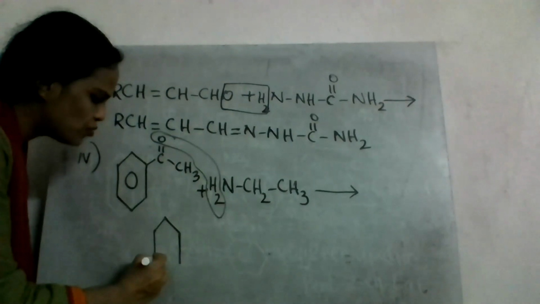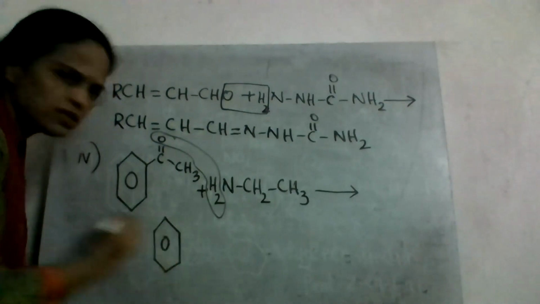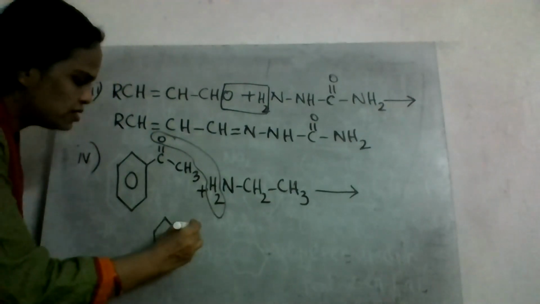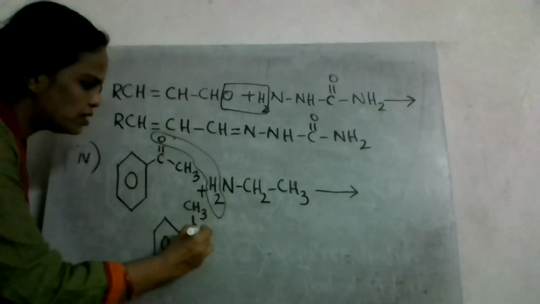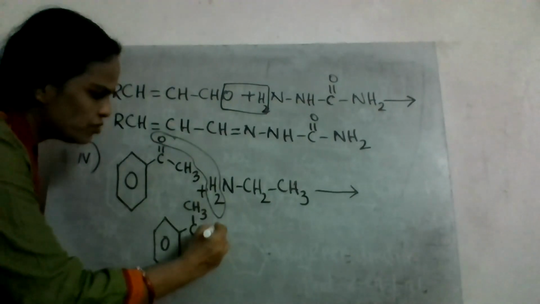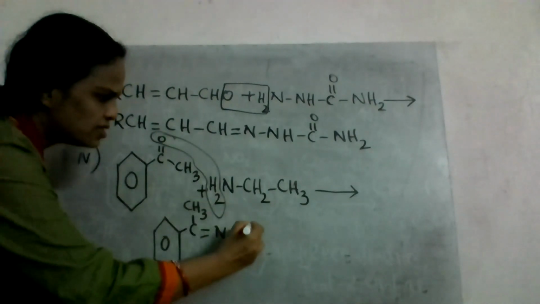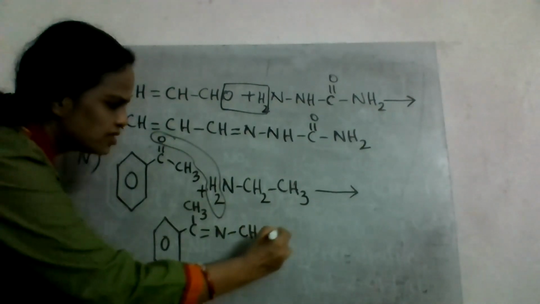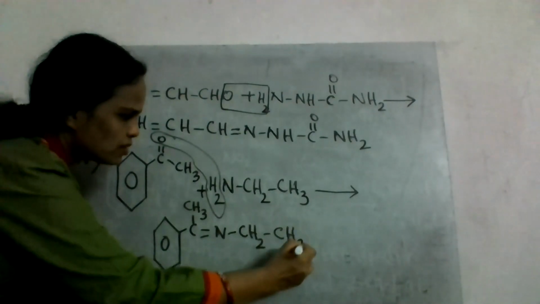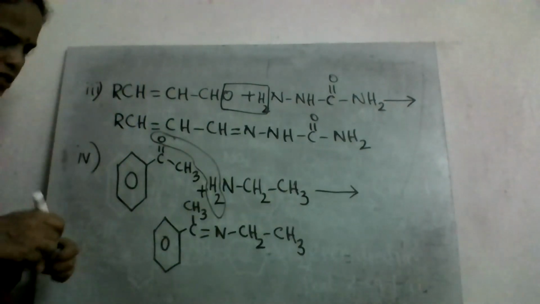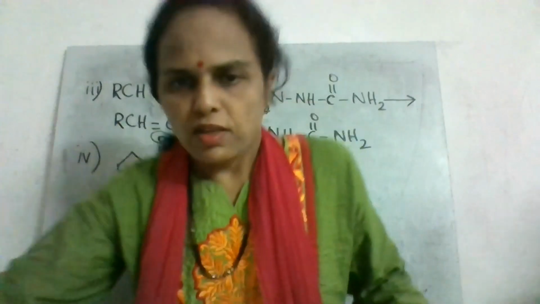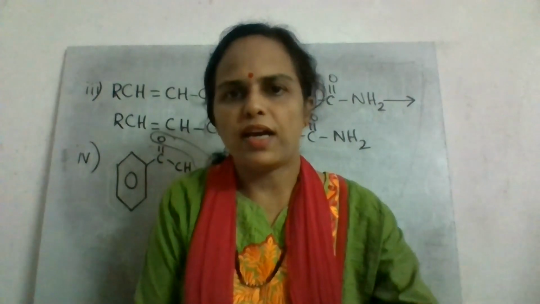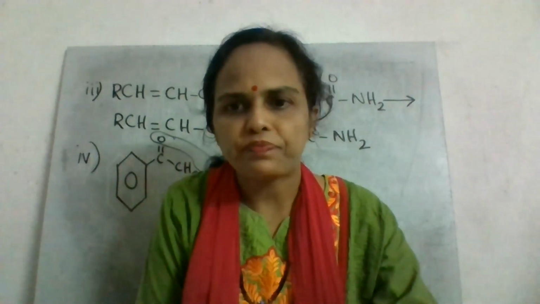And the product that is formed is this: CH3, you can write it on the top, double bond, connect it with N here, CH2CH3. So this is the product that is formed during the reaction. I hope you have understood and it's clear to all of you.